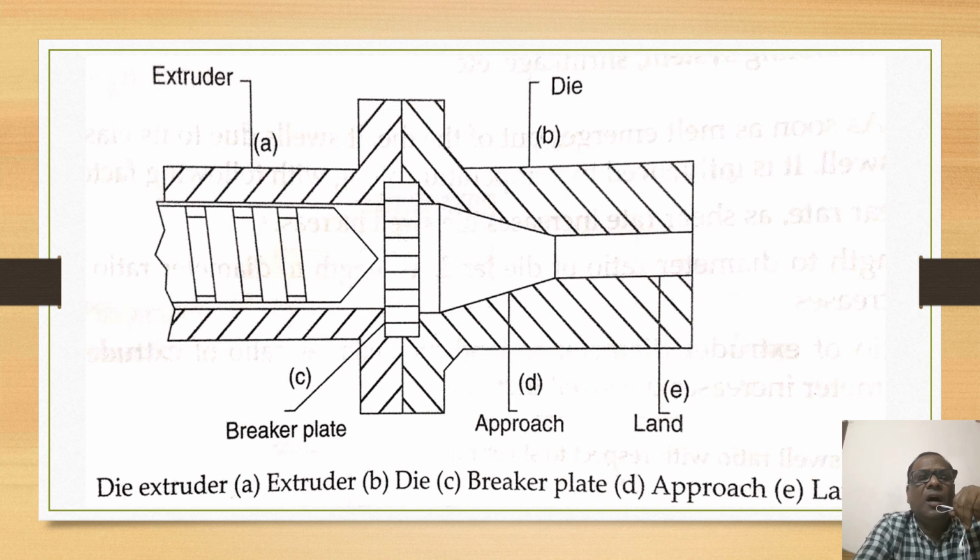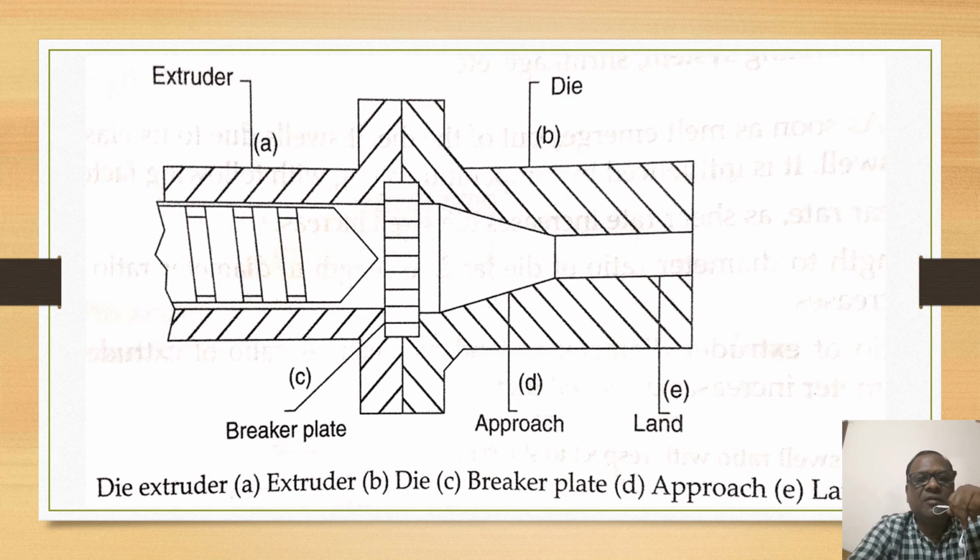First the extruder. Inside the extruder we know there will be a barrel, and inside the barrel we will have the screw, and the material will come through that, and finally it will enter the breaker plate, and once the melt comes out of the breaker plate, it will enter the die.